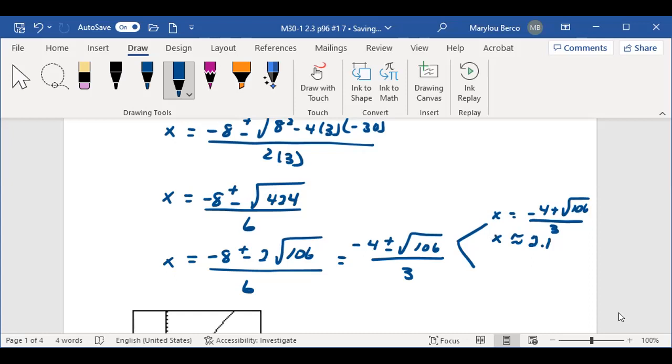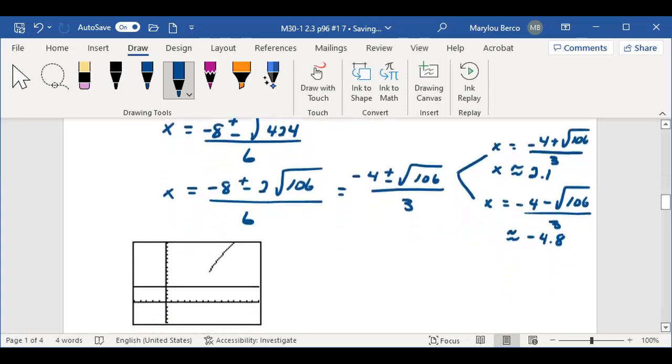Okay, if we take a look at the other possibility, we get x equals negative 4 minus root 106 divided by 3, and that will be approximately negative 4.8. Remember, when you're dividing in the calculator with a fraction, you make sure the numerator is in brackets when you're doing the calculation.